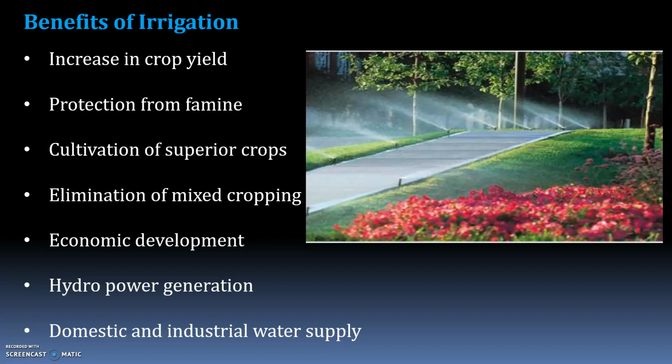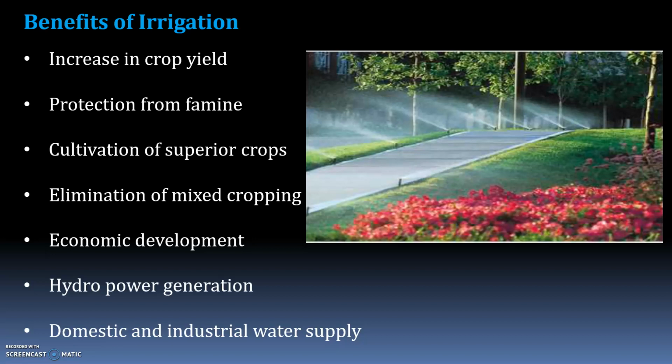For a given crop, the optimum quantity of water required may be determined experimentally and then applied scientifically to the crop. Means for each crop, the requirement of the water is different, so that has to be calibrated first, and based on that water can be supplied to the crops. So this is possible only because of the irrigation system.